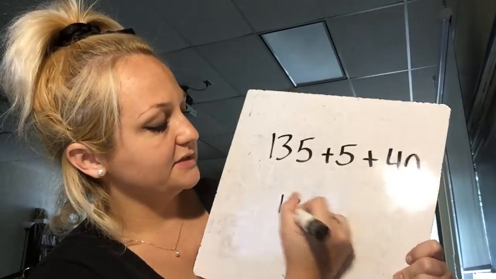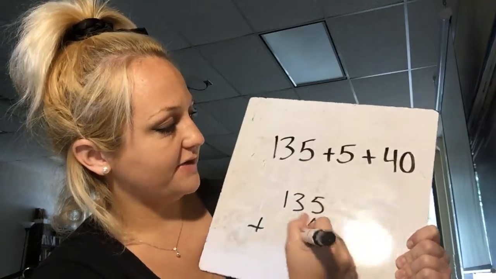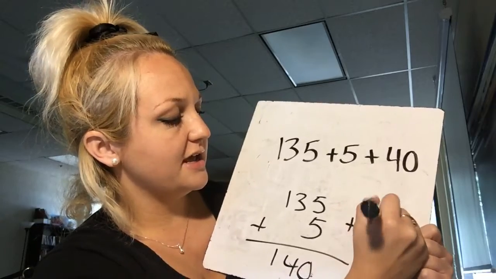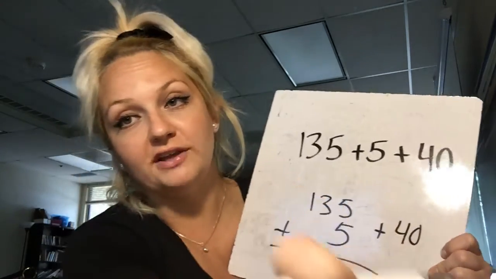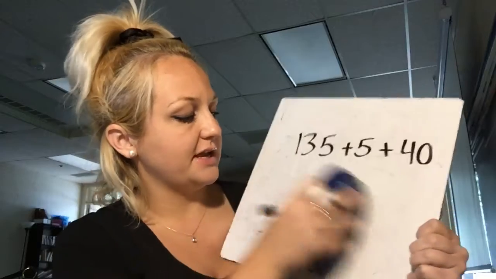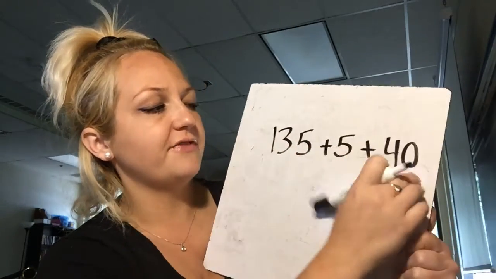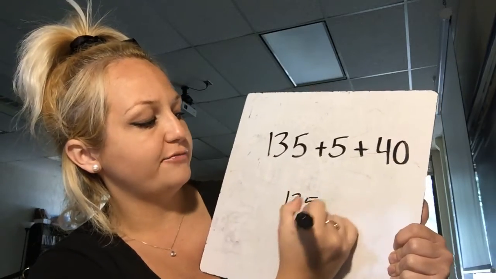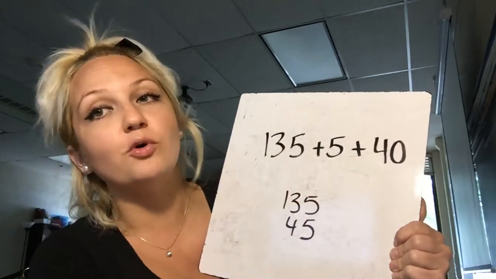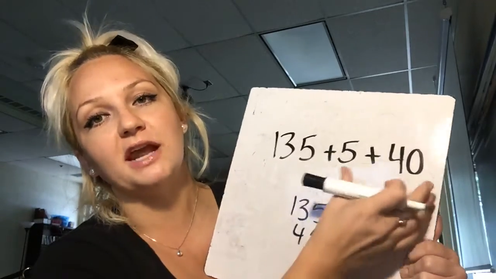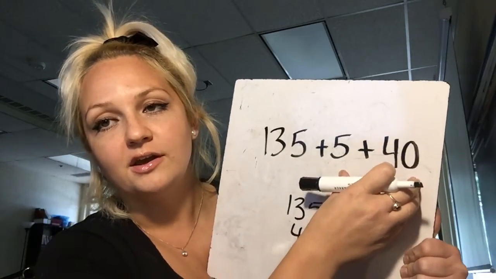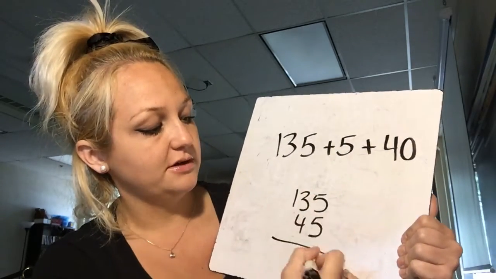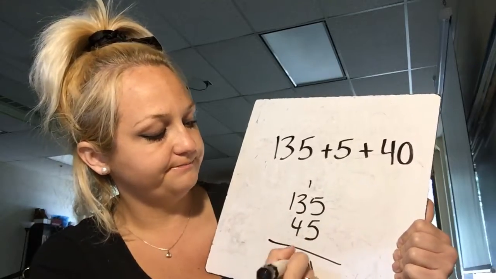Instead of doing it like this, 135 plus 5 is 140 plus 40, you can solve it like that. But an easier way to do it is you can say, oh, I know that 5 and 40 together is 45. So I'm going to do 135 plus 45 because it doesn't matter the order in which I solve it. It doesn't matter that I grouped these two together because your answer is going to be the same according to the properties of addition.